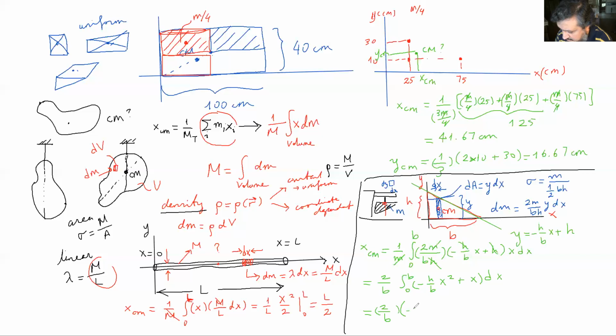Here we have negative h over b. Now this will be x cubed over 3, so b to the power 3 over 3 plus b squared over 2. Okay, so one of the b's over here will go away, and this will take care of the other one, and this will go away, so there will be only b left.